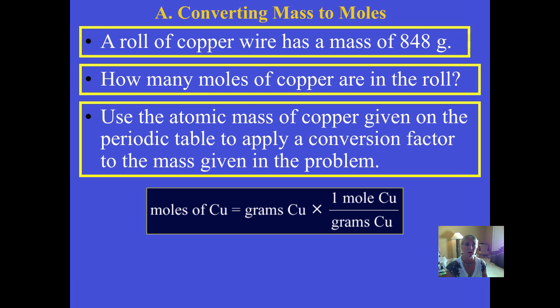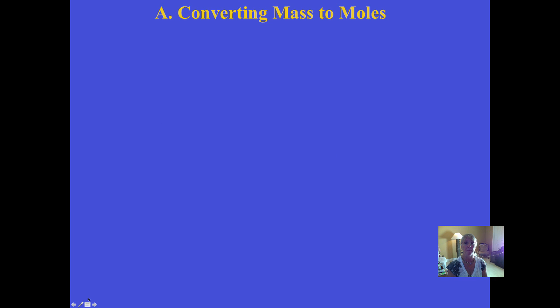As you notice on this problem, if you're given a mass, you write what you know. Put the times, put the bar. If you're solving for moles, the unit mole will go on top of the bar, and the unit grams will go on the bottom because it has to cancel the given grams. Well, let's go see where you get that number from.